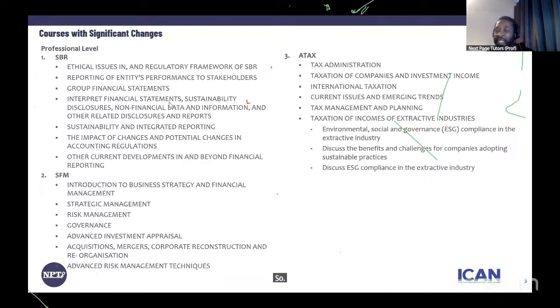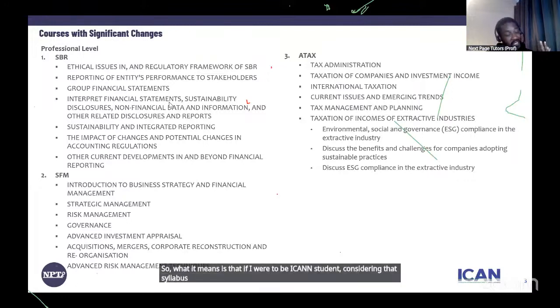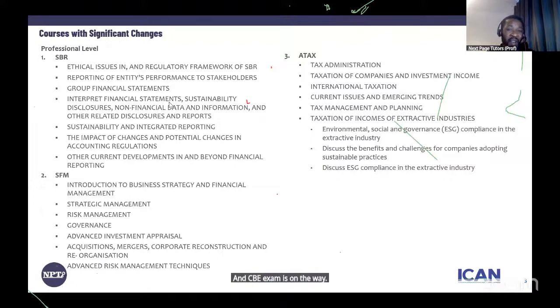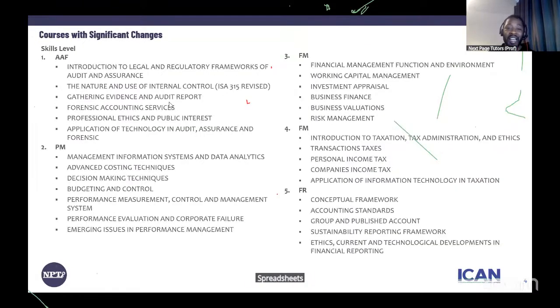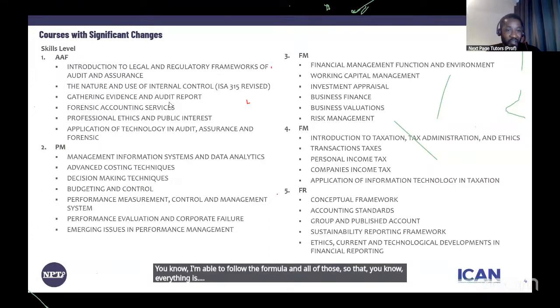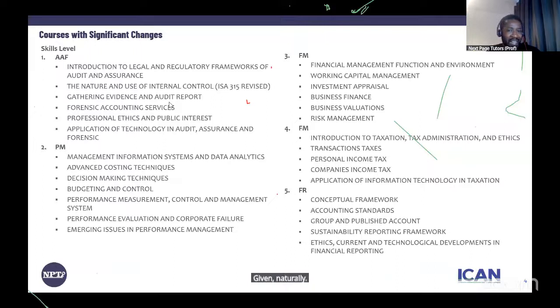So what it means is that if I were an ICAN student, considering that spreadsheet is now part of the syllabus and the CBE exam is on the way, I would prefer a spreadsheet class, so that after the class I can go through the notes using spreadsheet. I'm able to follow the formula and all of those, so that everything comes naturally. I hope that makes sense. But that's the reality.